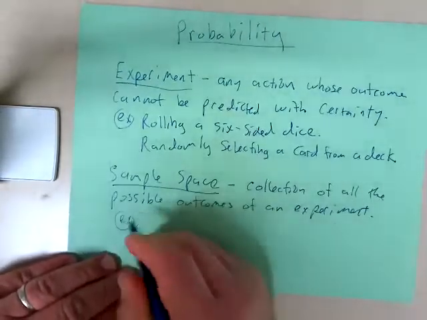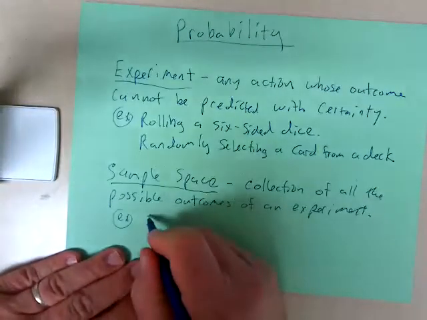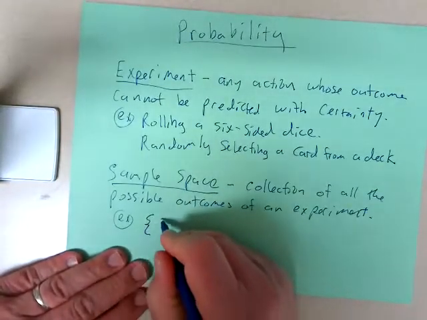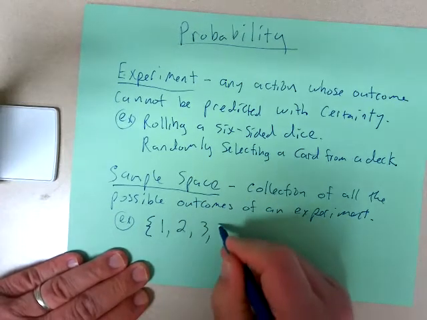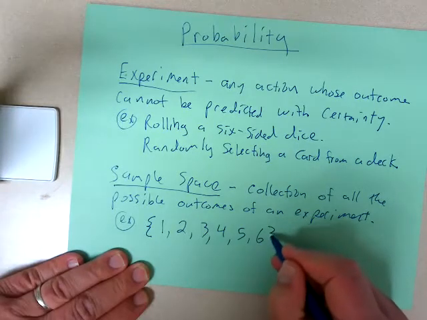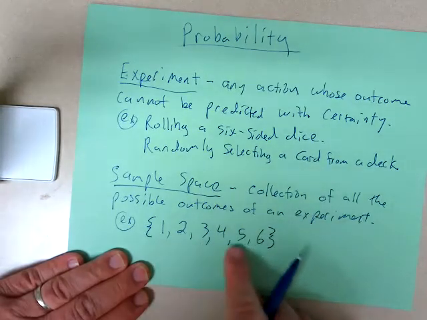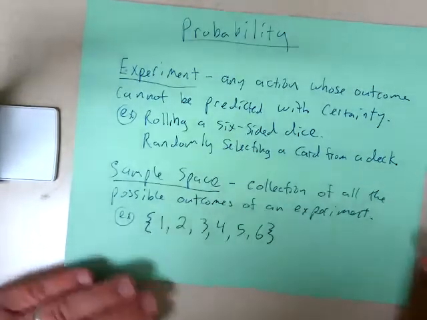So, for example, like rolling a 6-sided dice. This is a very simple experiment because there's really only 6 outcomes. You could either roll a 1, a 2, a 3, a 4, a 5, or a 6. Okay, and each one is equally likely. You roll the dice, it's going to be one of those 6 numbers.